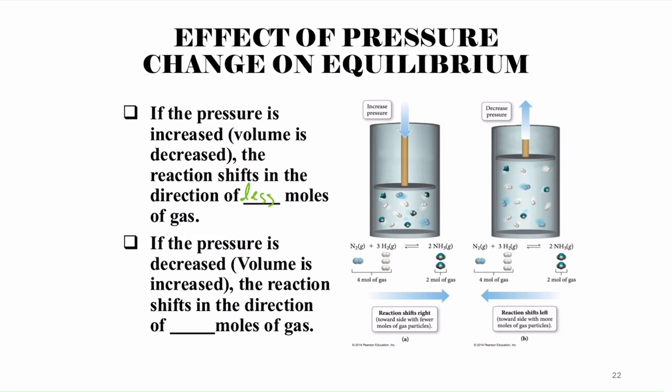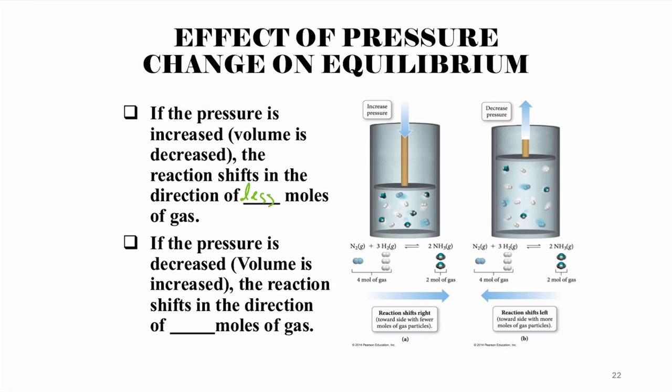So you think about it, we want to make that ratio of pressures the same for products and reactants, right? That's our equilibrium value. So when we increase the pressure, we need to shift to less moles because effectively we're increasing the concentration of the side with more moles of gas more. So it's like an effective increase in concentration of the side with more moles of gas.